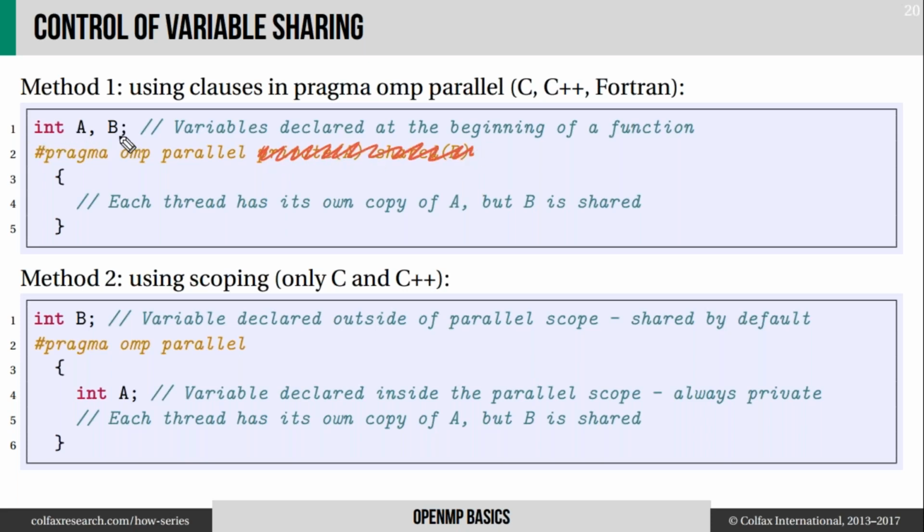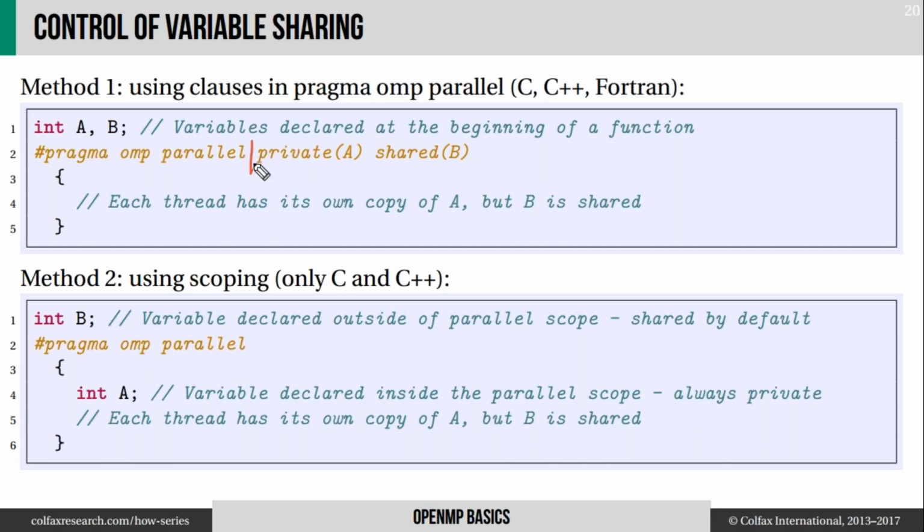If I have some variables declared before a parallel loop, then when I enter the parallel region, each thread will see the same memory address for variable A and for variable B, meaning they will be shared. This is the default behavior. Sometimes this is what I want. Other times, I may want to have a different memory address for certain variables inside of every thread.